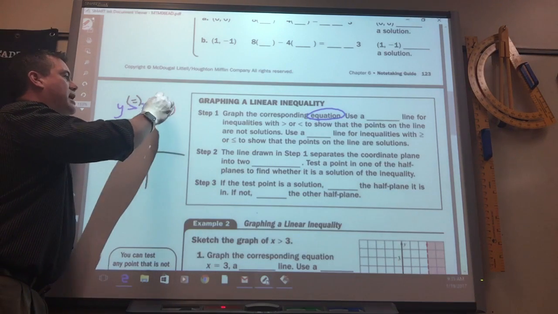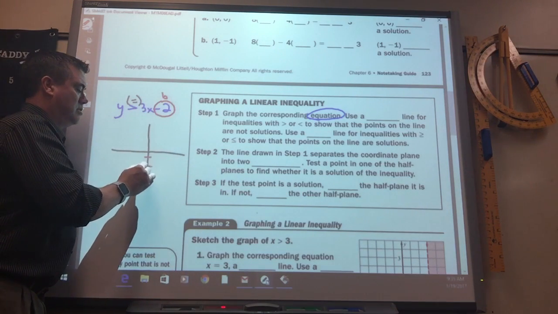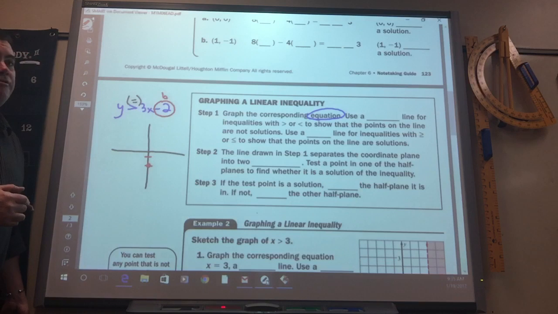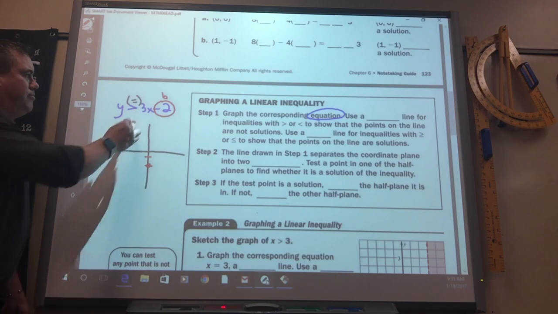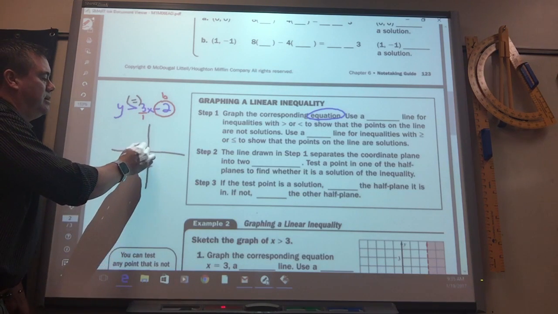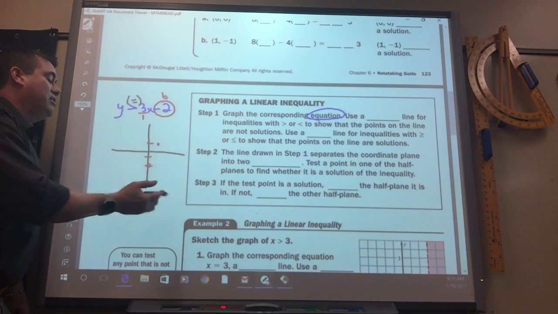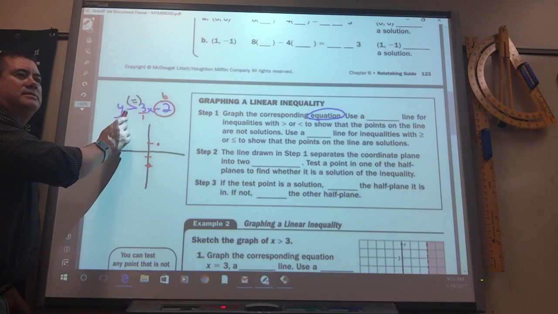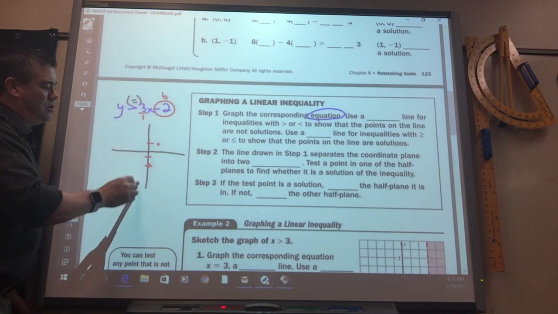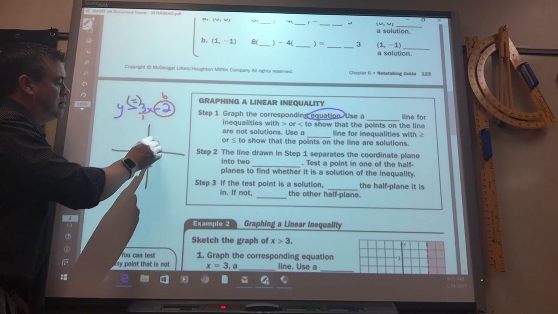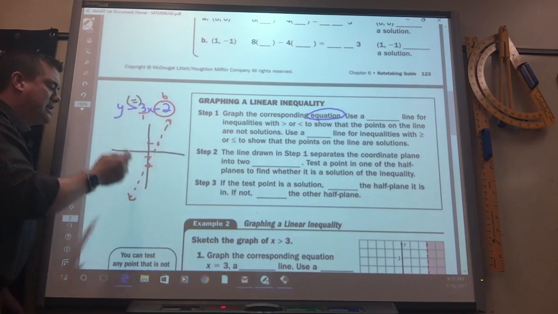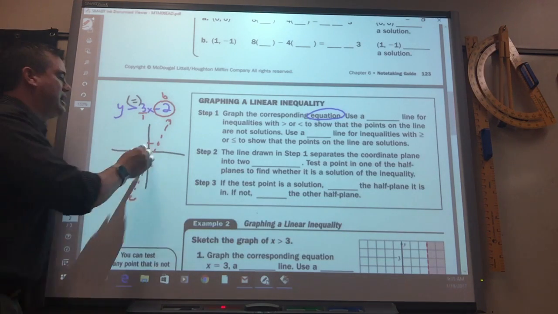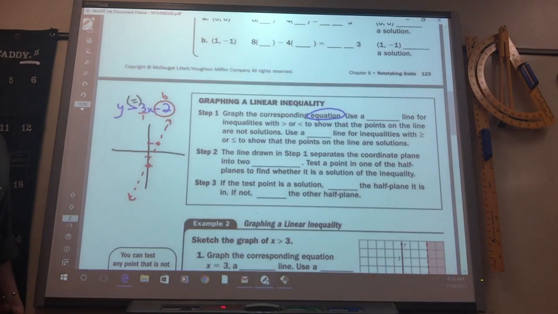Negative 2 is the y-intercept. Then from there we do up 3 over 1. Now this is, again, easy to forget. You got to either put a solid or a dotted line. Dotted because it doesn't include it. So that's the first thing that's different. And then the second thing is you got to shade one side.